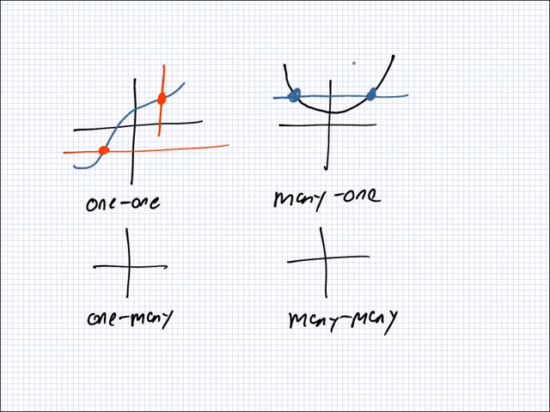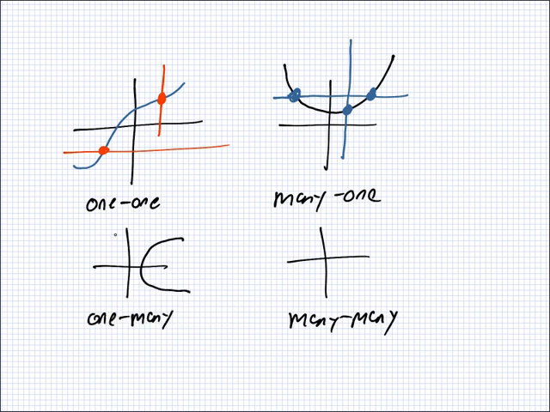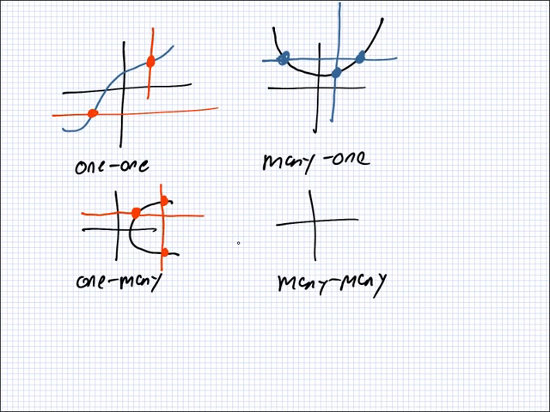And when you draw a vertical line, it meets only once. One-many is like this maybe. When you draw a horizontal line, it's once, but a vertical line is two. And many-many is maybe something like this. When you draw a horizontal line, it's more than once, and a vertical line is also more than once.